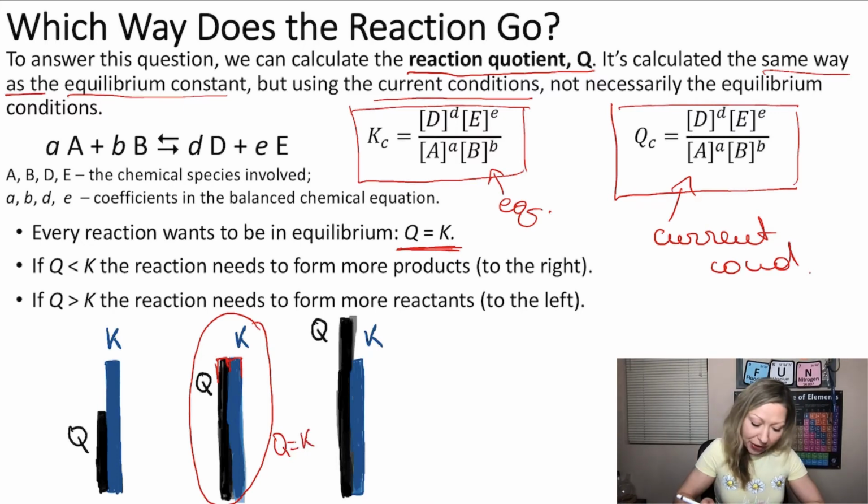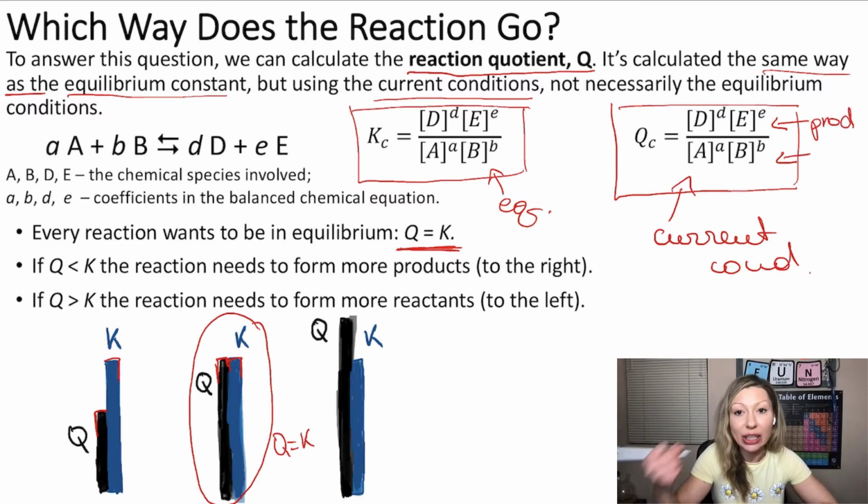Now, what happens when we have a smaller reaction quotient compared to the equilibrium constant? If we look at the expression for Qc, we see that in the numerator, we have the concentrations of our products, and in the denominator, we have the concentrations of our reactants.